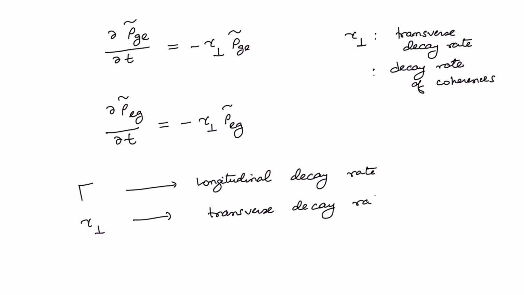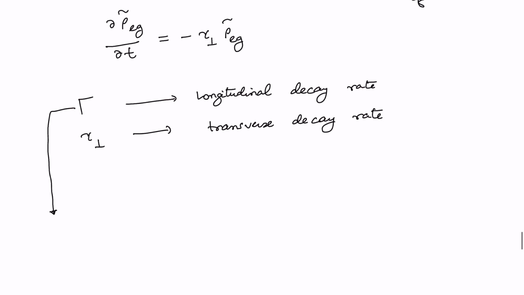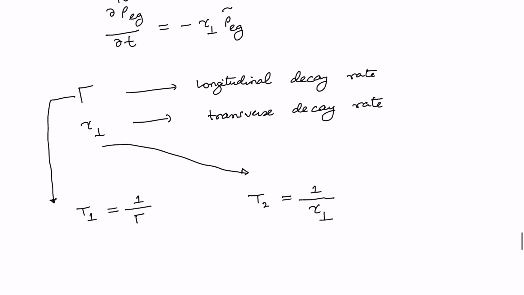As you can see, by decaying it goes into a relaxation state, so there is a relaxation time. Capital gamma, the longitudinal decay rate, is related to a longitudinal relaxation time denoted by capital T1, and it is related to the decay rate capital gamma by this equation. And the transverse decay rate is related to the transverse relaxation time, denoted by capital T2, and T2 is equal to 1 divided by small gamma perpendicular.